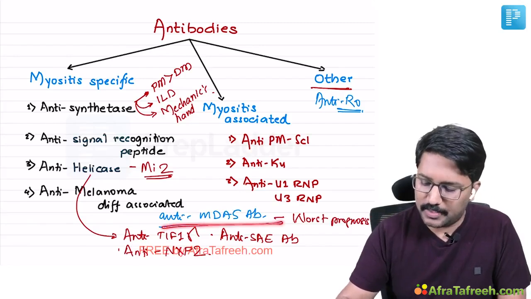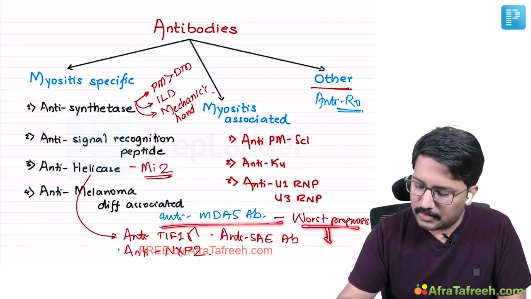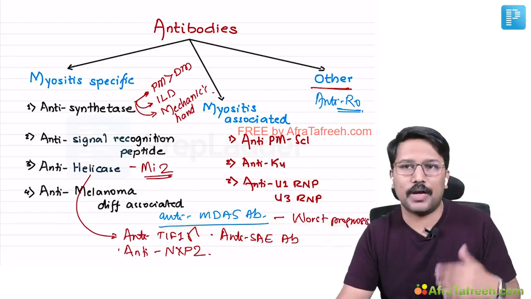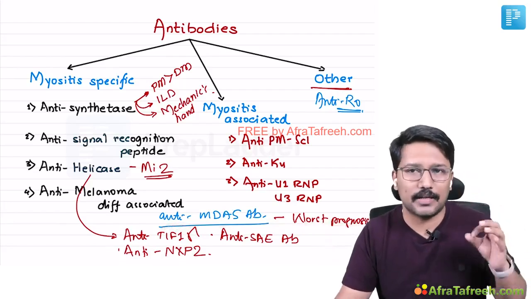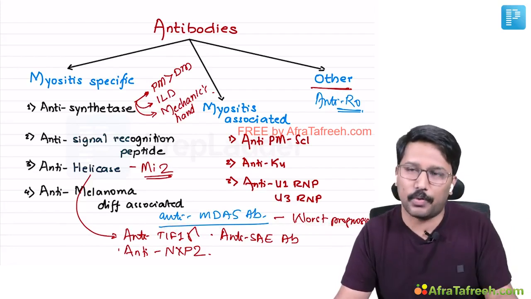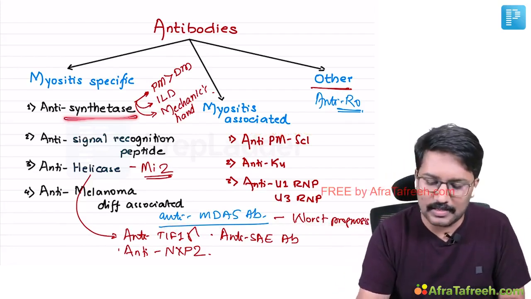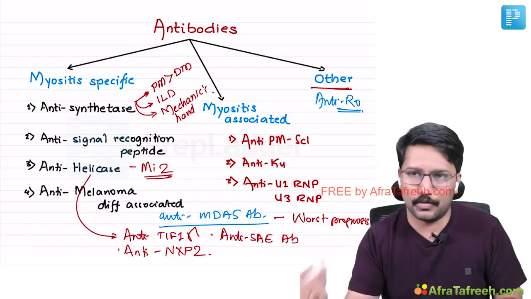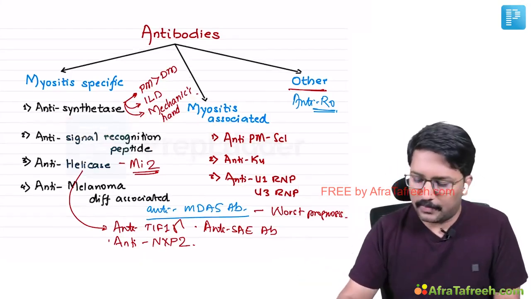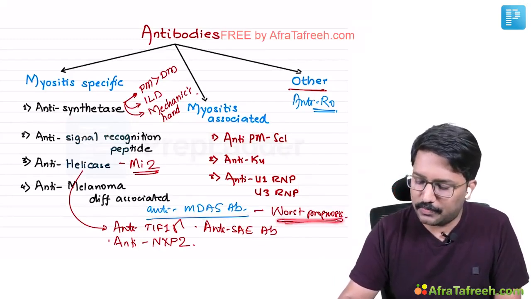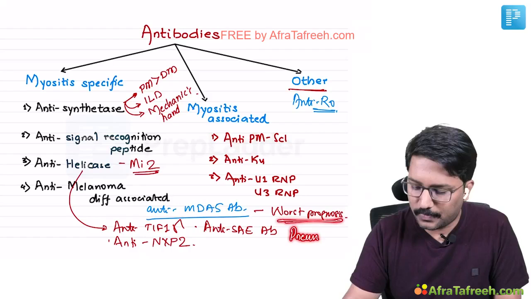This anti-MDA5 antibody correlates with the risk of development of interstitial lung disease. So interstitial lung disease, when you have anti-MDA5 antibodies, is likely to be extremely severe and rapidly progressing in comparison to ILDs that you develop in association with anti-synthetase antibodies, right? I hope that point is clear. Another thing that anti-MDA5 antibody correlates with is the risk of developing pneumomediastinum.